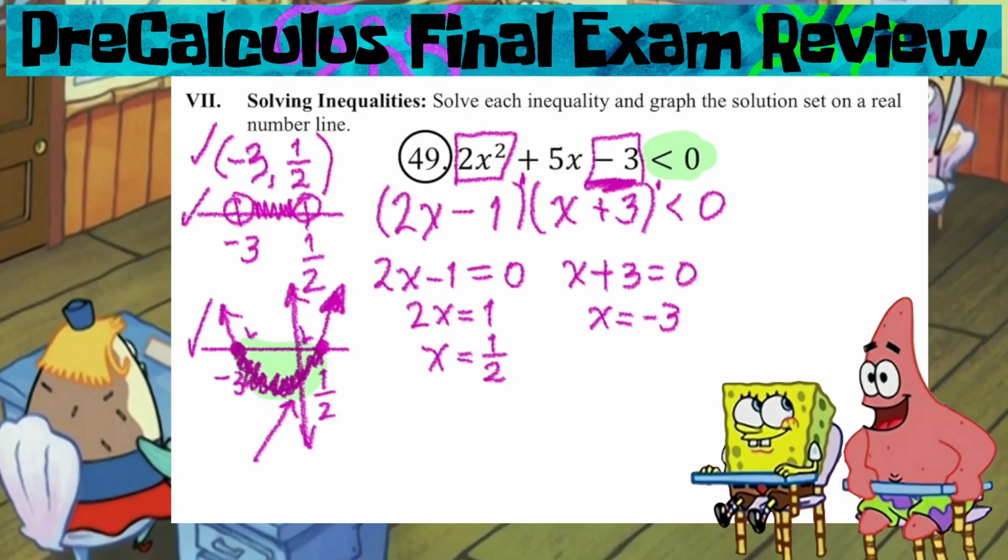It doesn't matter which way you do it. But all you need to get as your final answer, with interval notation, is negative 3, comma, 1/2 in parentheses, the interval notation for the solution of this quadratic inequality.